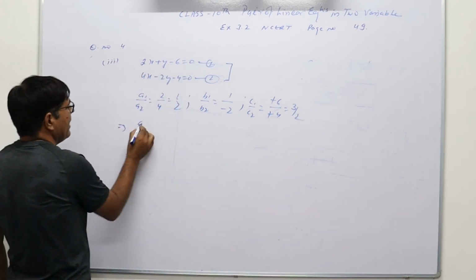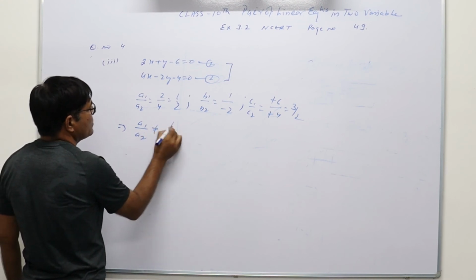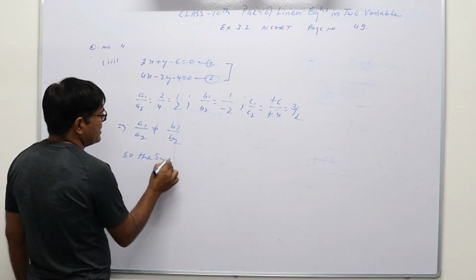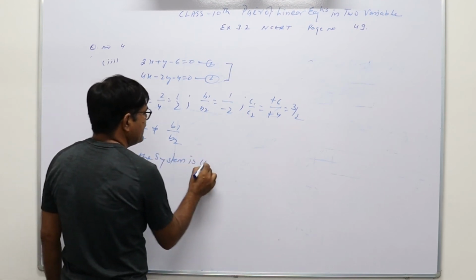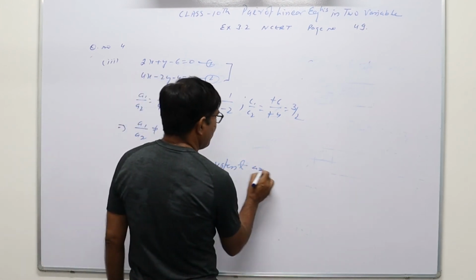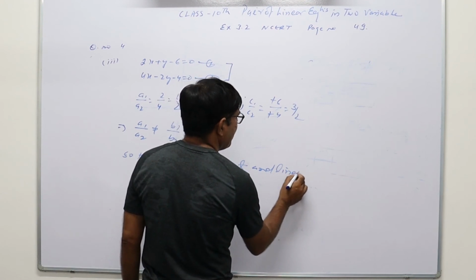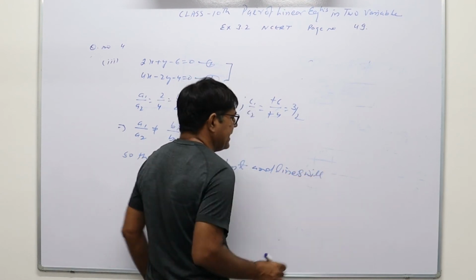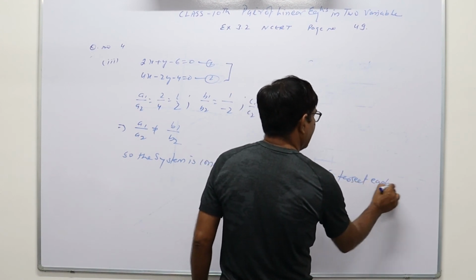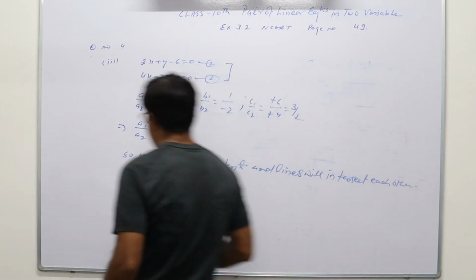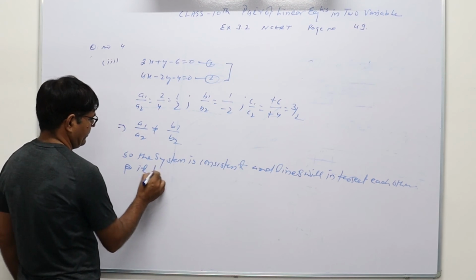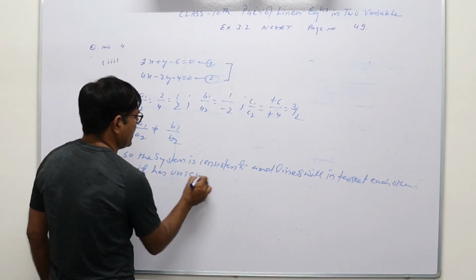This implies that a1 upon a2 is not equal to b1 upon b2. So the system is consistent, and the lines will intersect each other and it has a unique solution.